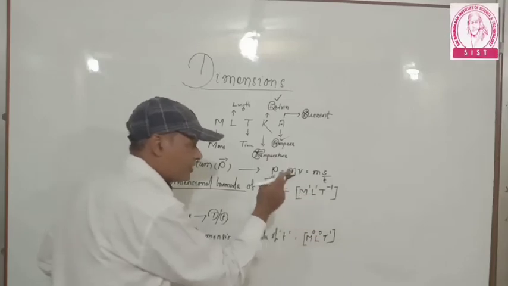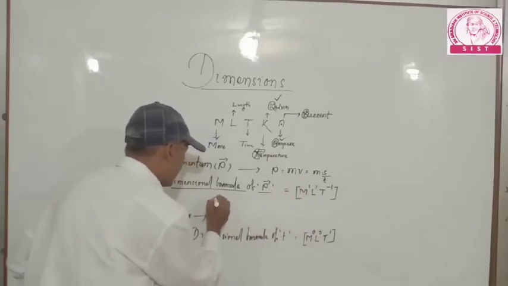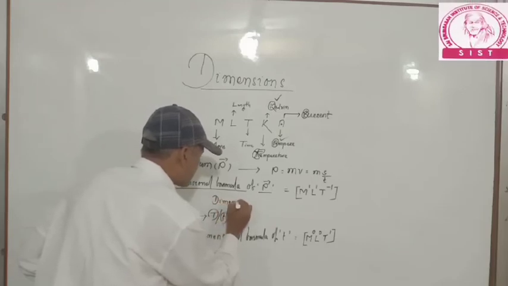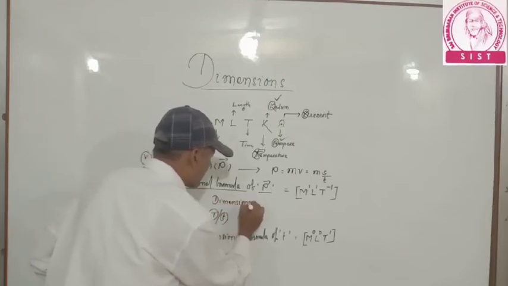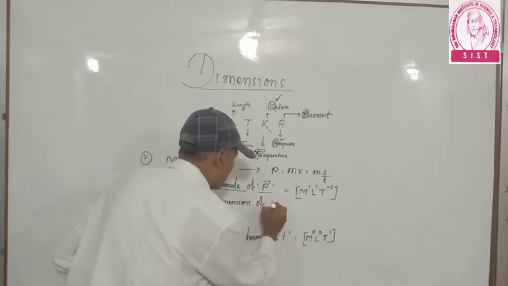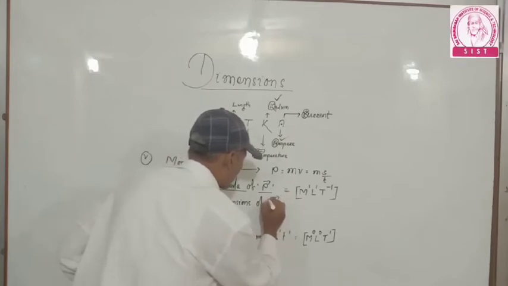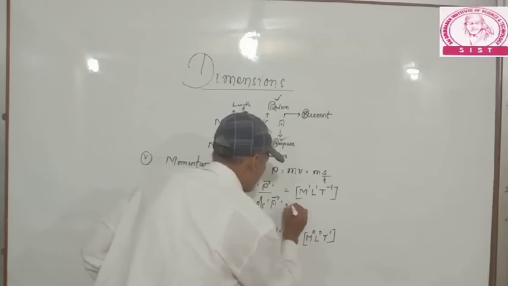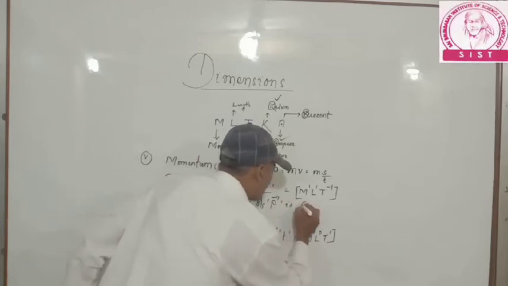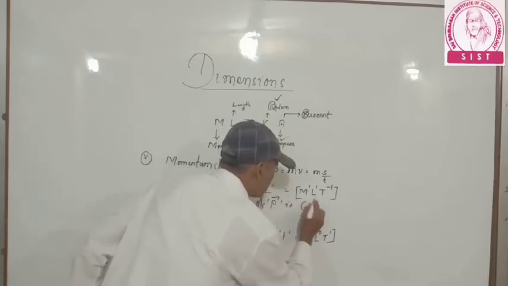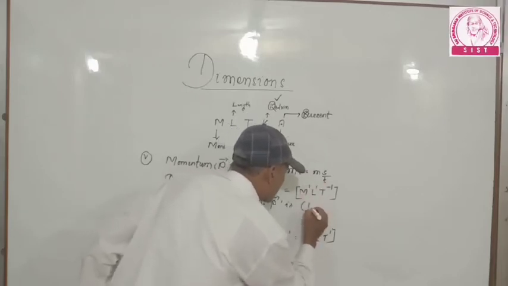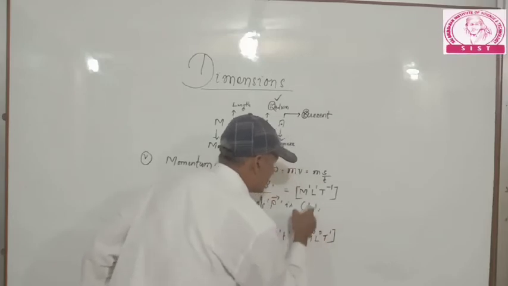So first write, I am writing again, dimensions of P is 1, next 1, next minus 1.